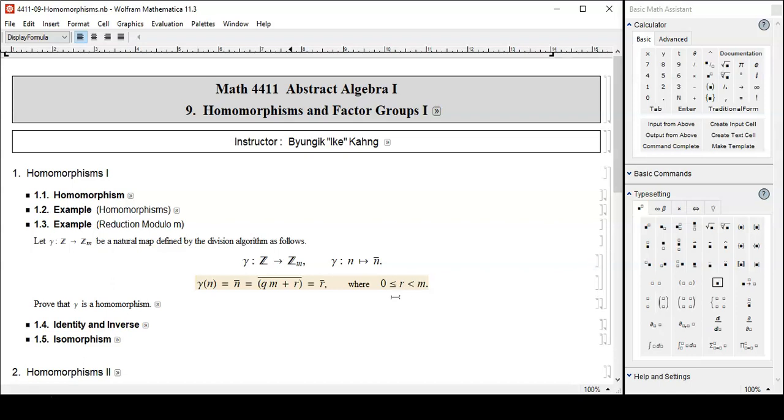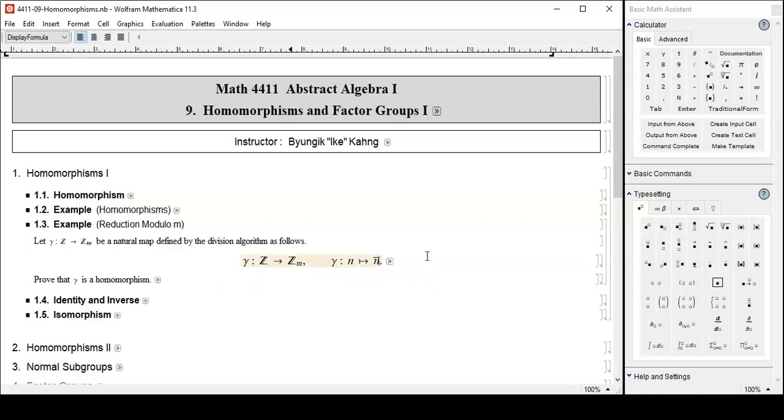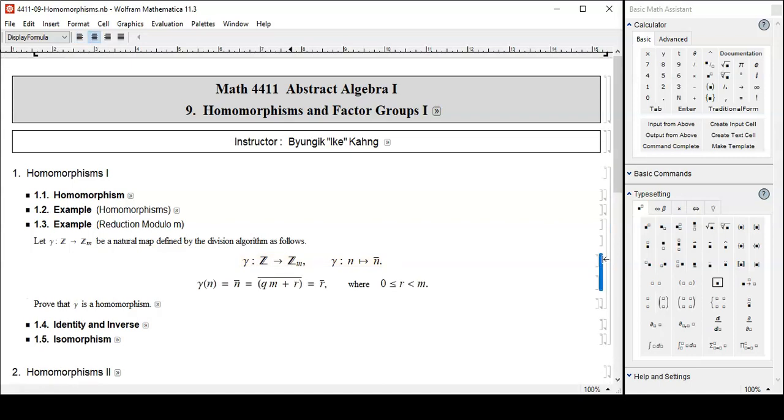But then again, I don't regard this r bar as any simpler than this n bar. In my opinion, they're about the same, because we are talking about the same equivalence class with just different representatives.